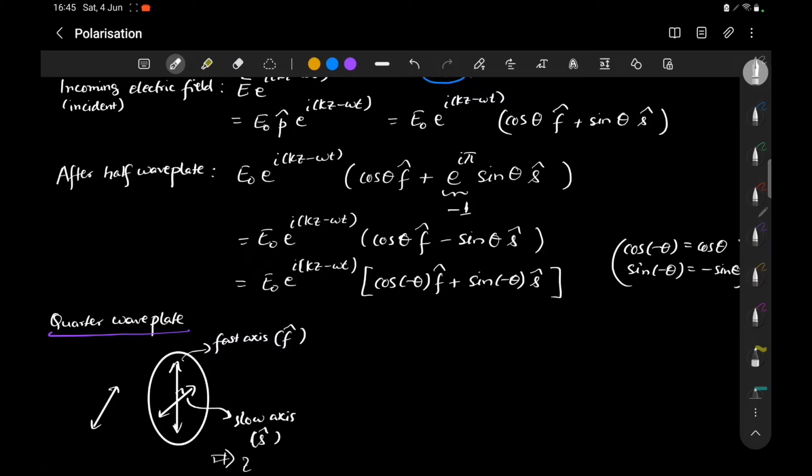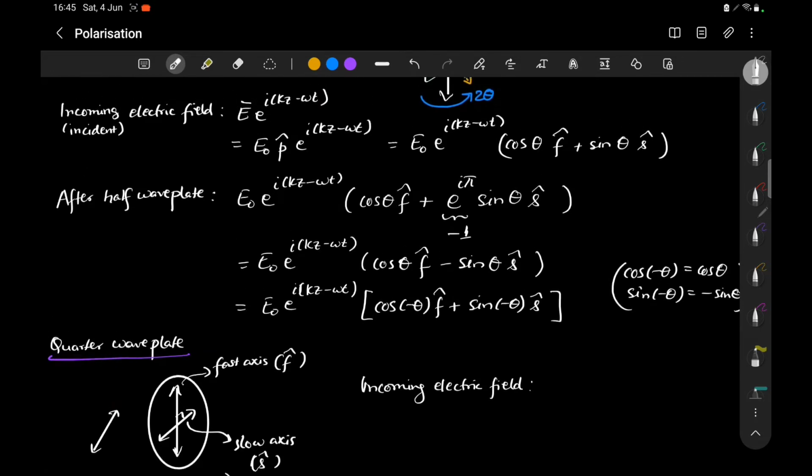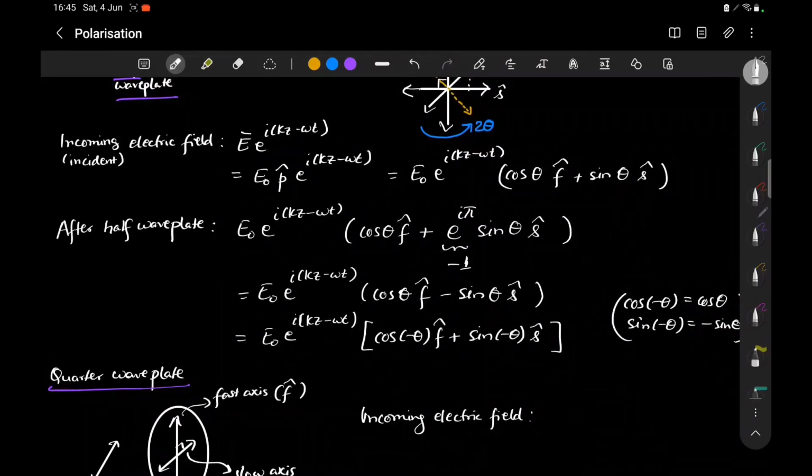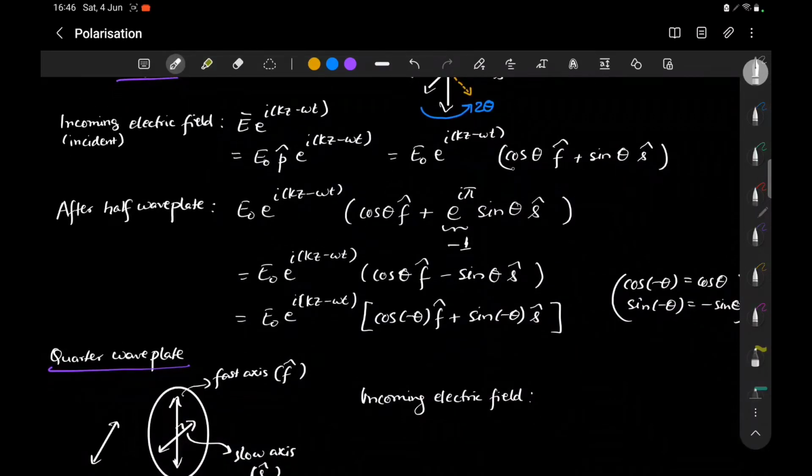So again, let us write for the incoming electric field. Incoming electric field, just like we did for half wave plate, it can be decomposed into components along the fast axis and along the slow axis.